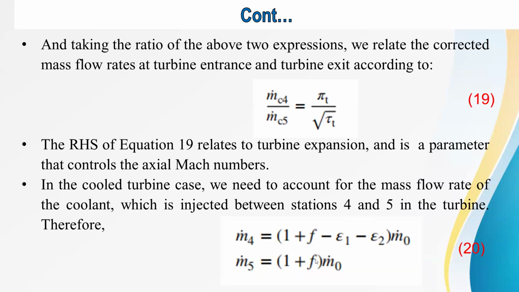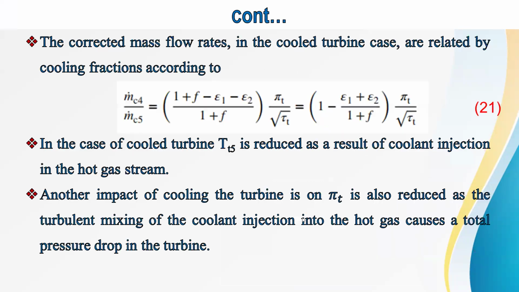M5 is 1 plus F, F being the fuel to air ratio, the whole times the mass flow rate of air. So these are the combustor turbine matching conditions. When we divide them, what we get is 1 minus epsilon 1 minus epsilon 2 divided by 1 plus F, the whole times pi t over the square root of zeta t.